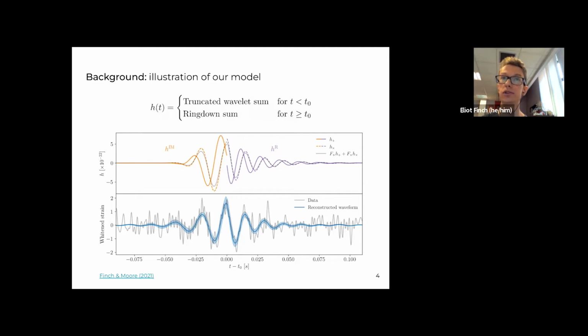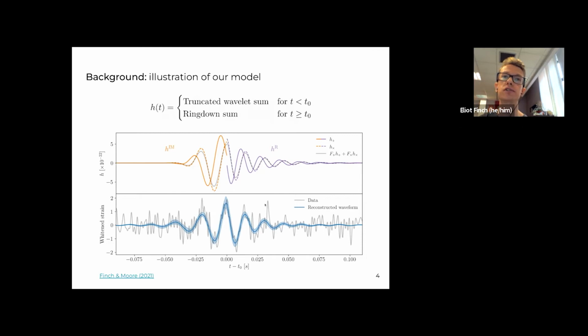We impose no continuity between the two halves of the model in order to keep the ring-down inference independent from the rest of the signal, the rest of the data. However, when you look at the waveform projection shown in gray on the top panel, it's very much continuous. And so this is basically a continuity that's learnt from the data. It's like a data-driven continuity condition.